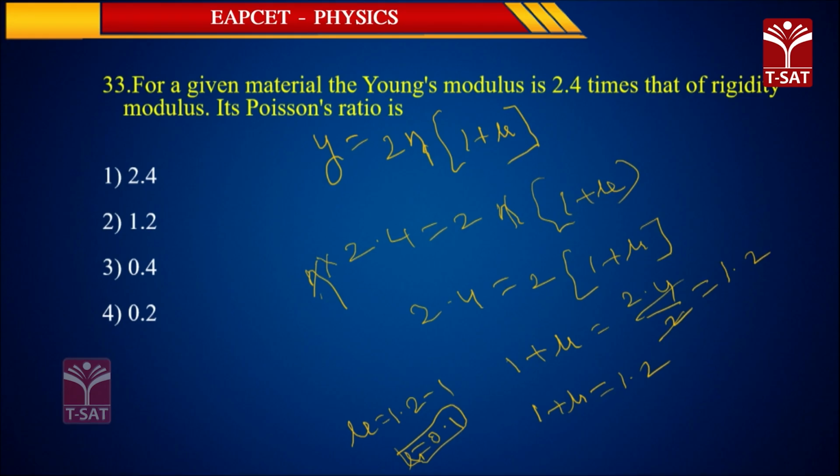Eta cancelled, what is left? 2.4 is equal to 2 into 1 plus mu. Therefore 1 plus mu is equal to 2.4 by 2, that is 1.2, therefore mu is equal to 1.2 minus 1, that is 0.2. Yes or no? That is the fourth option. Check your answer.